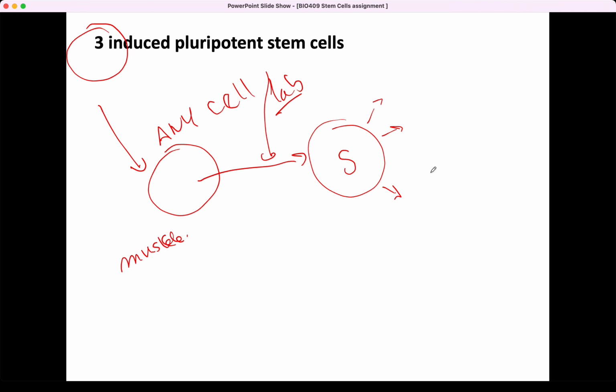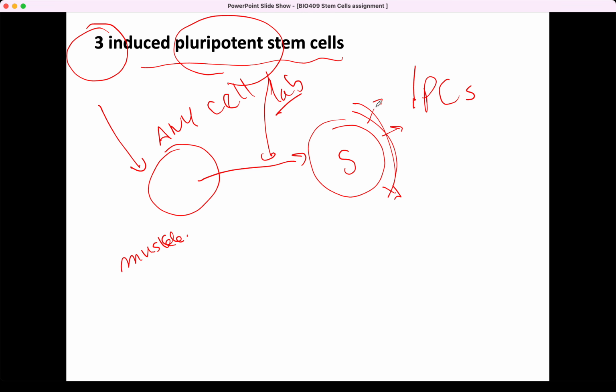And so that's really exciting, the idea that you could take a patient's own cells, make tissue that is the patient's tissue, and then put that tissue back into the patient. So they're called induced pluripotent stem cells, or iPSCs. Like that, iPSCs, induced pluripotent stem cells. And the pluripotent word is meant to indicate that they can make all the different cell types.